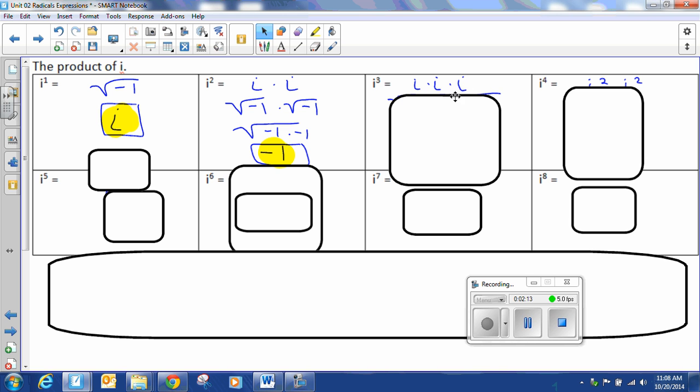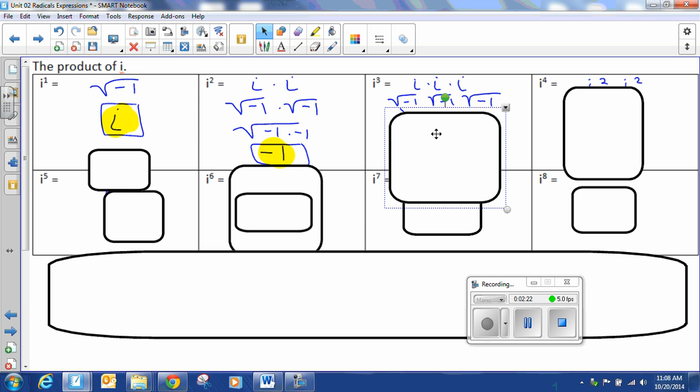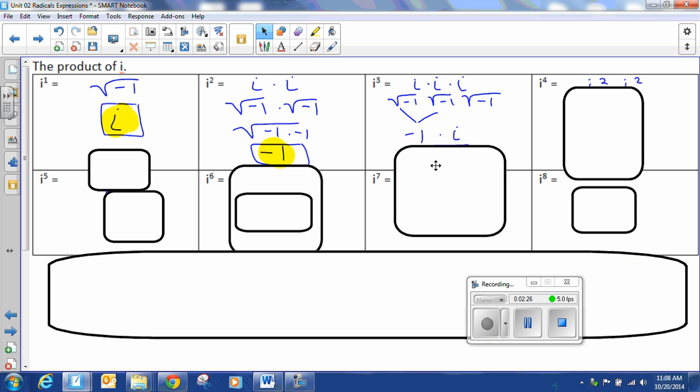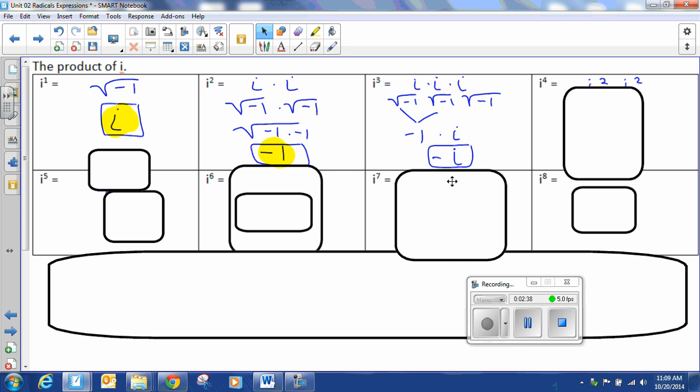We'll expand it out. We know that i times i from our previous example evaluates to -1, right? i squared, i times i is just radical -1 times radical -1, which is just -1, times i, and -1 times i is -i.